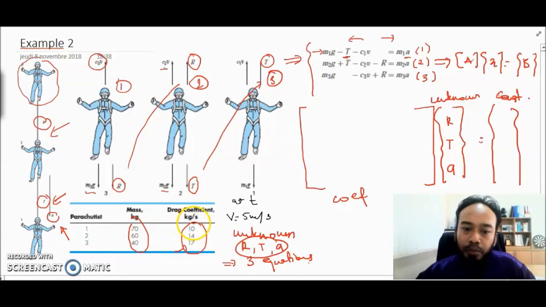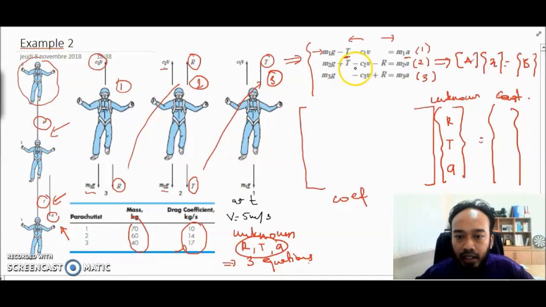G is equal to 9.81 meters per second squared. So M1 is constant. C1V is also a constant because C1 is given in the table below, 10 kilograms per second. And V, we know, equals 5 meters per second. So these are also constant.